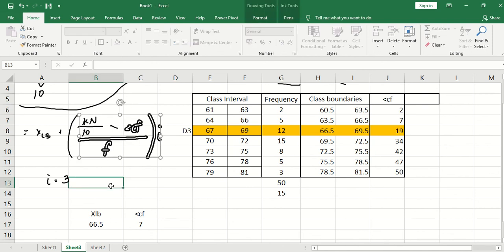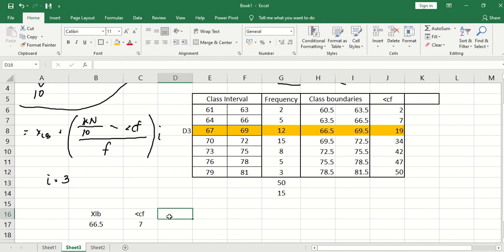Frequency of what? Frequency of the third decile. So the frequency is 12. So here I will put 12. And the interval, of course, is 3. So I is equal to 3. Then I think we're done with this one.